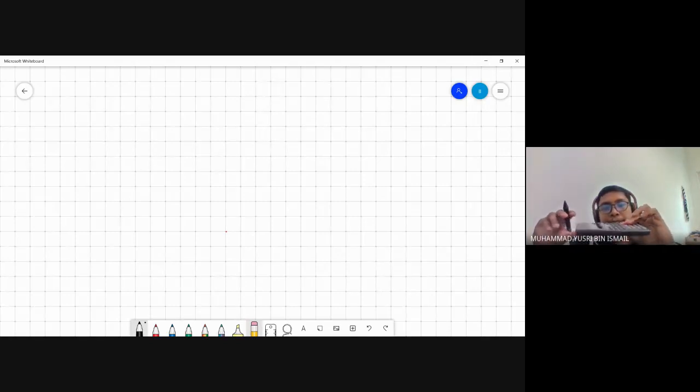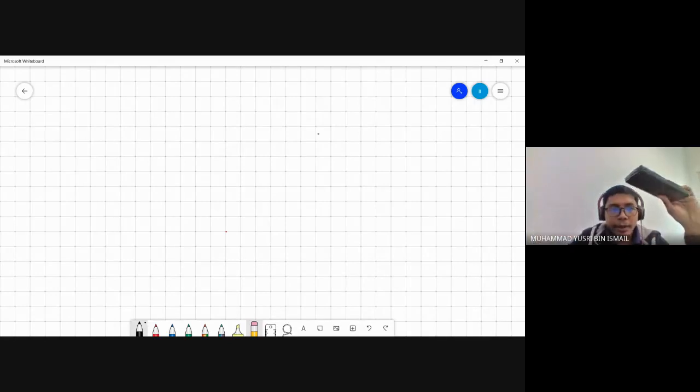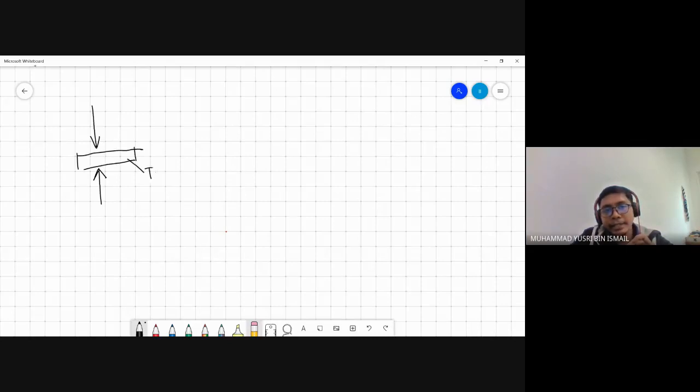When you compress this calculator, the force will act downward, towards the body. So let's say this is the truss. The force is actually compressing the truss, but this is only for imagination.